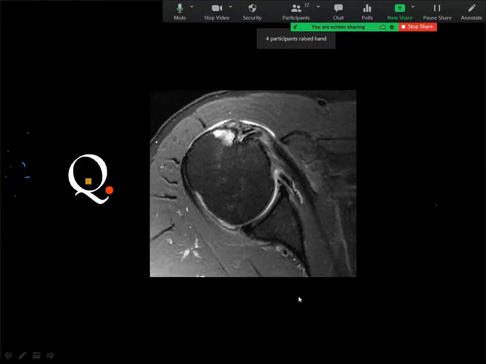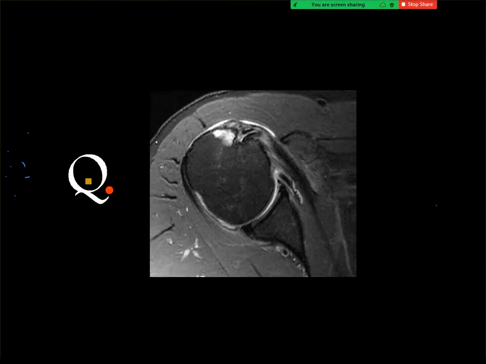What is the problem here? Subscapular ligament tear. There is no ligament, it is a tendon. Subscapularis tendon, yes. Partial tear or complete tear? Infraspinatus is intact, and this is the subscapularis.